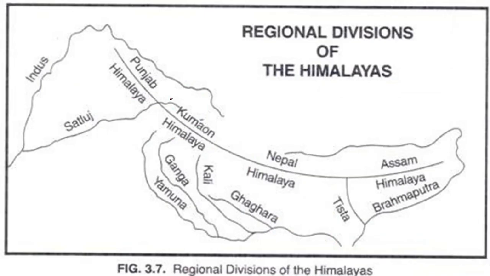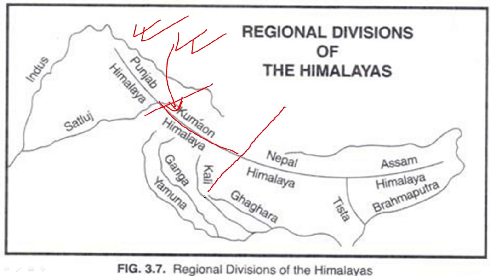Okay. One another diagram, students. This is the range of the greater Himalayas, and as we descend southwards we come to the ranges of the middle Himalayas. From here, as you can see, there are different ranges of the Himalayas.